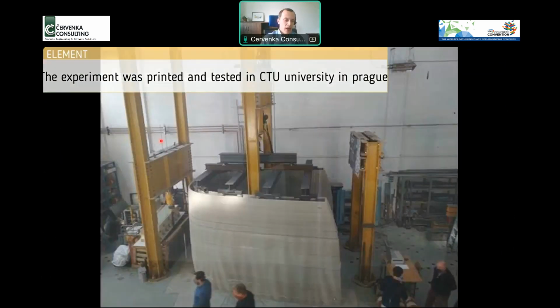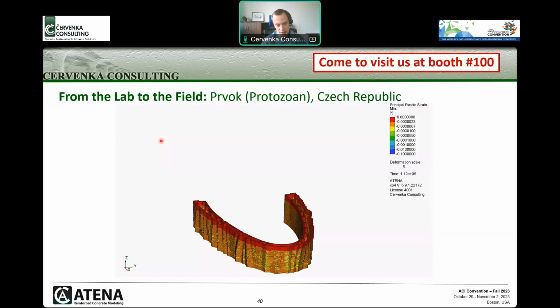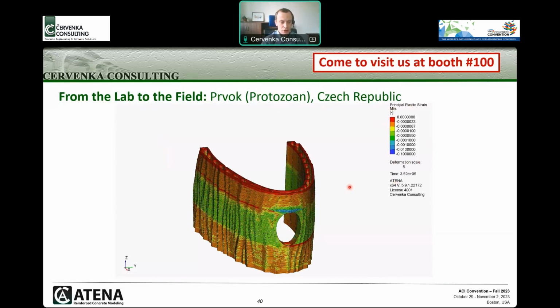In our Atena model, we focus on modeling of the construction process. You can see now how it's being modeled, and the colors, they show the location of the plastic deformation, somehow showing the damage in the material due to compressive loadings.